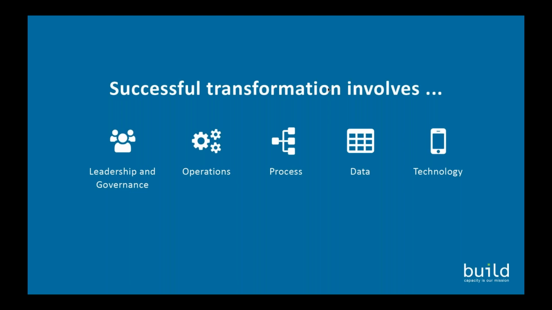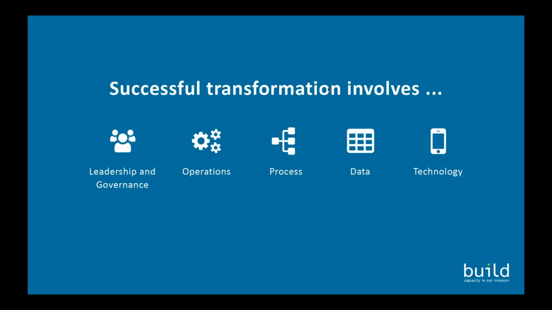We believe that a truly effective approach to transformation using technology starts with a focus on leadership and governance. It allows us to ground our technology strategy in the strategies and the mission of the organization, and to ensure buy-in and support from the highest levels of the organization. From that strong foundation, we can then make good decisions about what kind of operations we put in place to manage that technology.